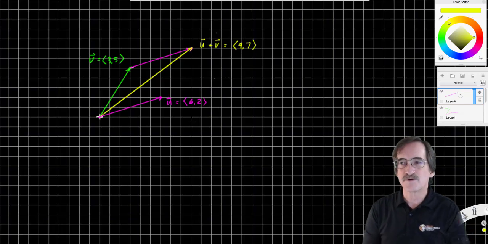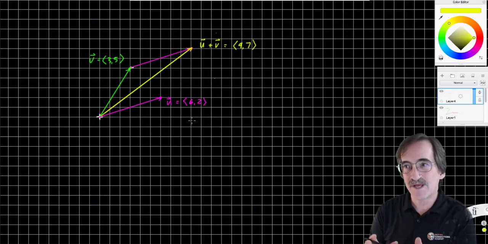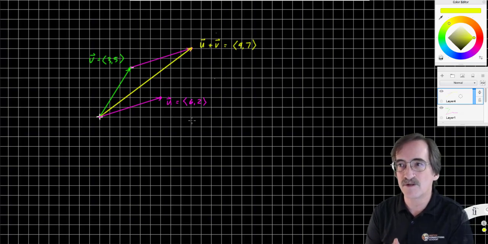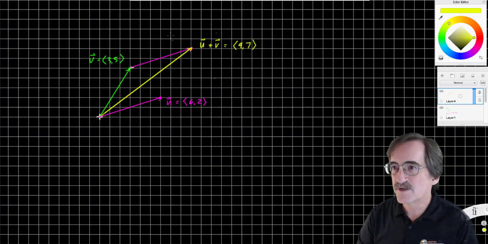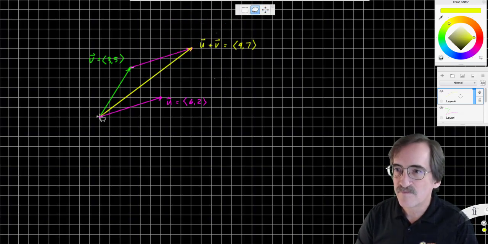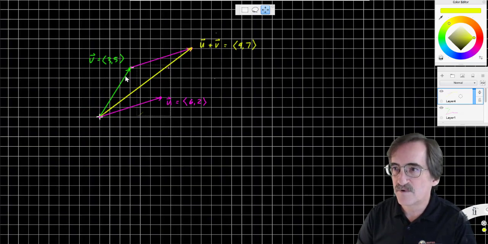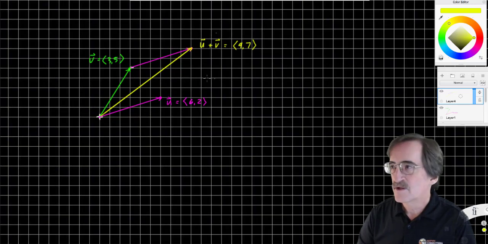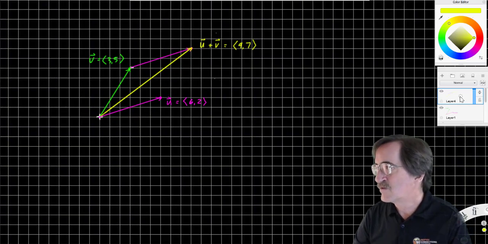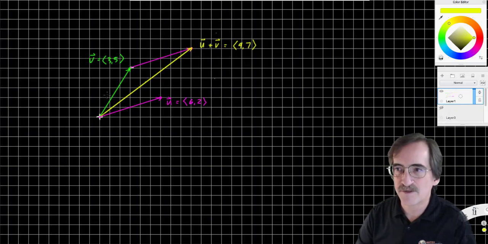Okay, so the resultant vector can be found by stacking the tail of one of the vectors onto the head of the other. And it really doesn't matter which one. If I wanted to, I could take the green vector, v, and stack it on the head of the u vector. Okay, we need to combine layers here. Oh, wrong direction. There we go. All right, now let's try it here.